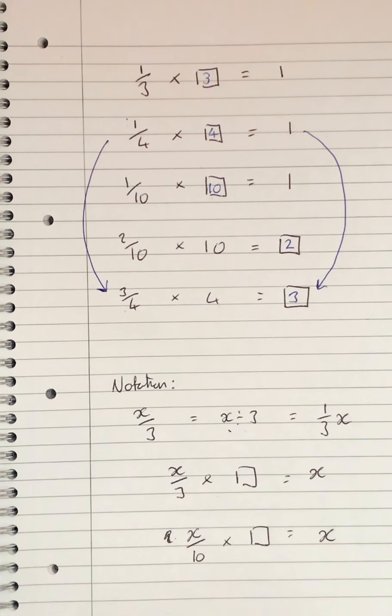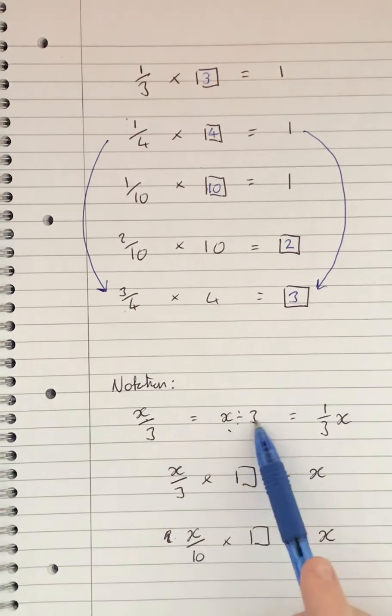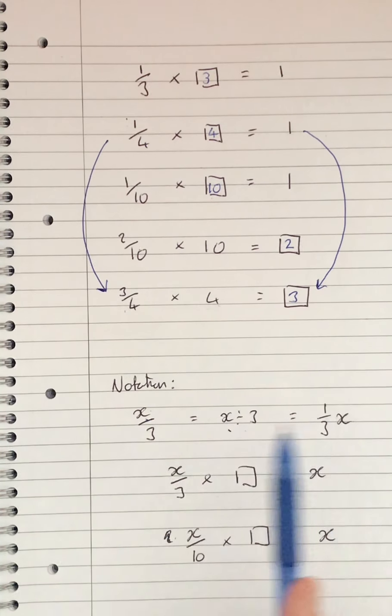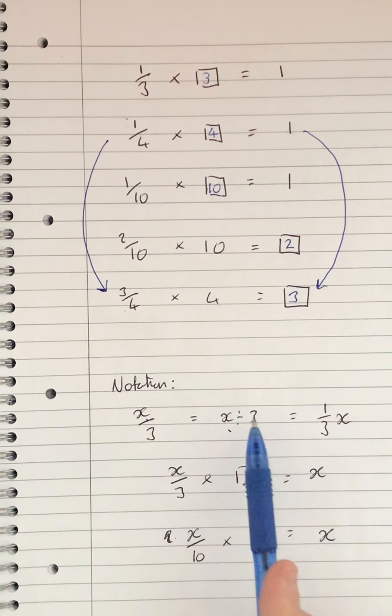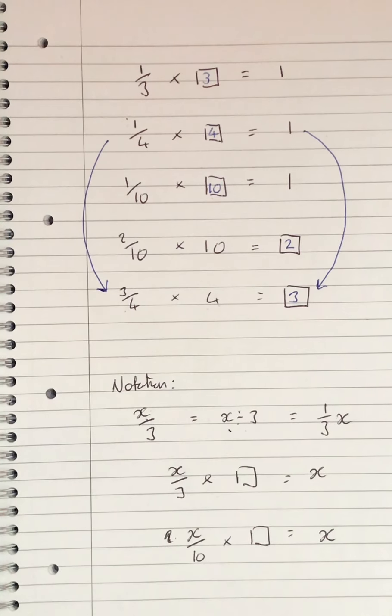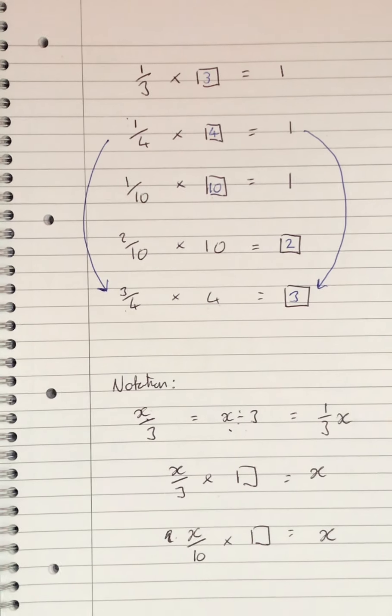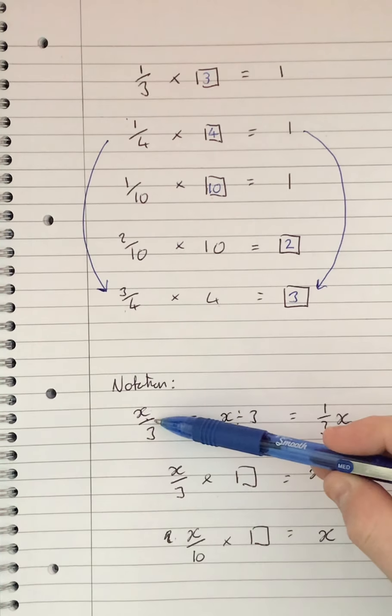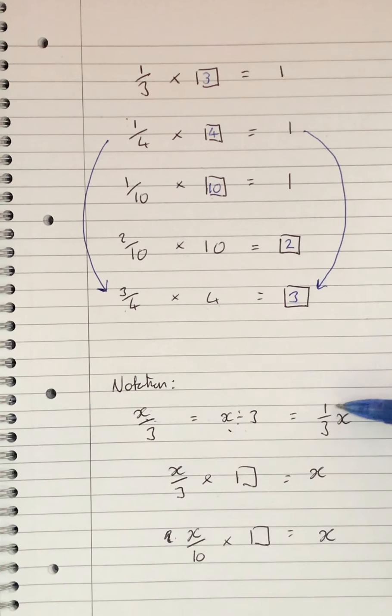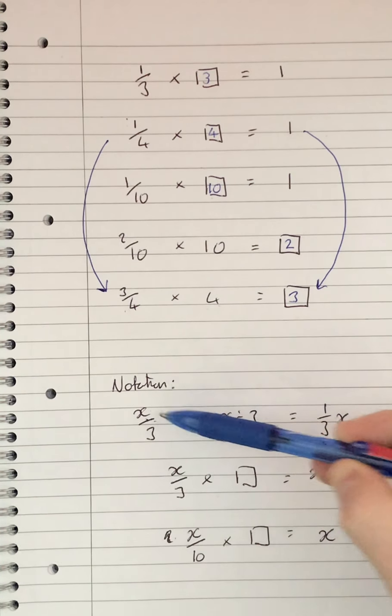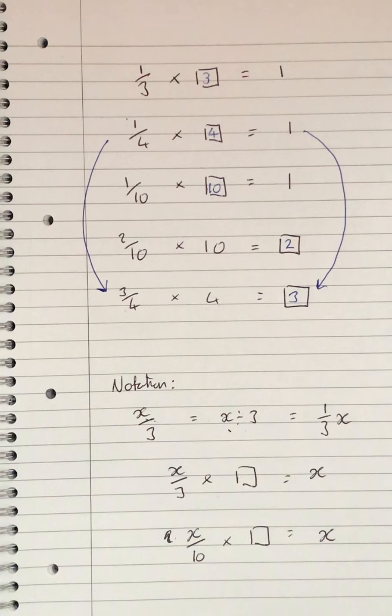If you want to share x into 3 equal parts, you can also multiply it by a third, because finding a third of a number finds 3 equal parts that make that number. So these 3 ways of writing the same term are all the same thing, they just look different. Dividing by 3 is the same as multiplying by a third. These two show a division, this shows a multiplication.